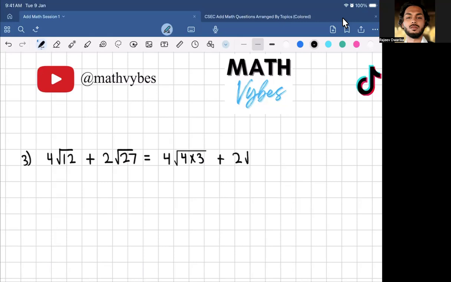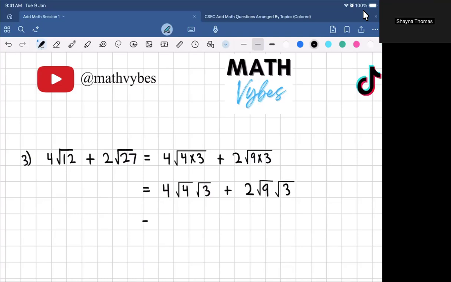What is a perfect square that could go into 27? 9 and 3. Yep. So I'm going to end up with 4 root 4 by root 3 plus 2 root 9 root 3. So you're comfortable with everything I have here so far?